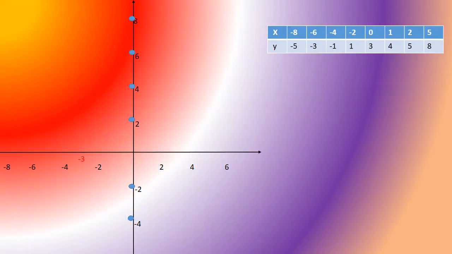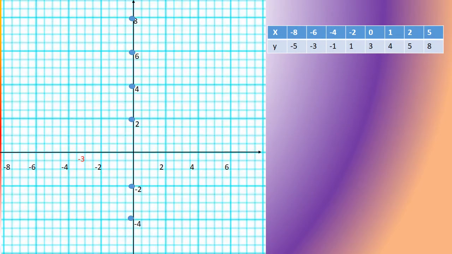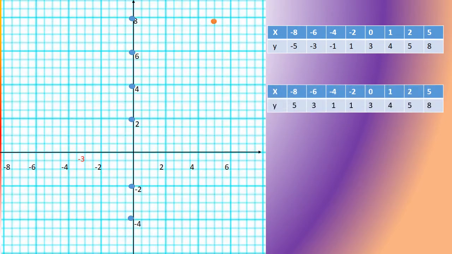And no negative side of the graph exists. So I redraw it and show it to you. This is how you draw a modulus graph. So the modulus graph does not have any y values which are negative.